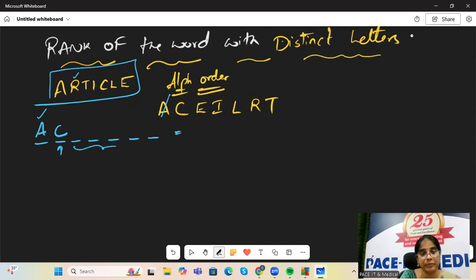What's my answer? Now here observe 1, 2, 3, 4, 5. So that's my 5 factorial ways, isn't it? When I fixed A, removed A from there, and went with the next alphabet, that is C, how many letters do you have and how many gaps do you have? You have 5 letters with 5 spaces to be filled. Hence, your 5 factorial is your answer there, right?